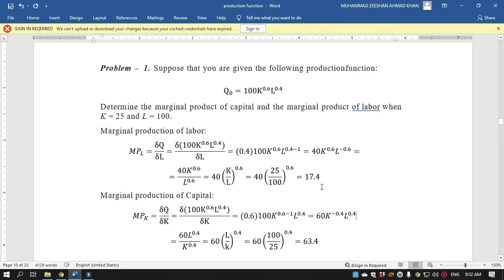And here you can see that if capital is comparatively cheaper than labor, then capital must be hired in place of labor.